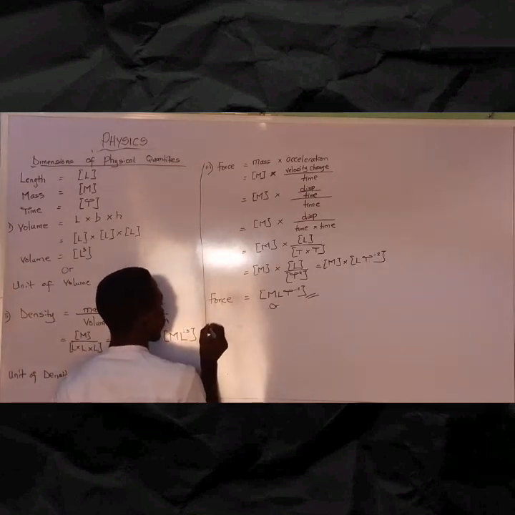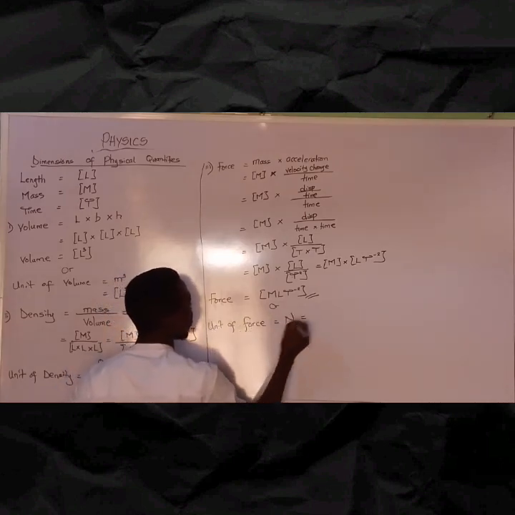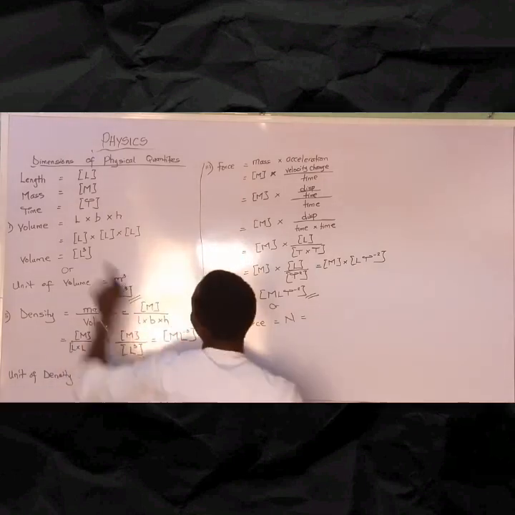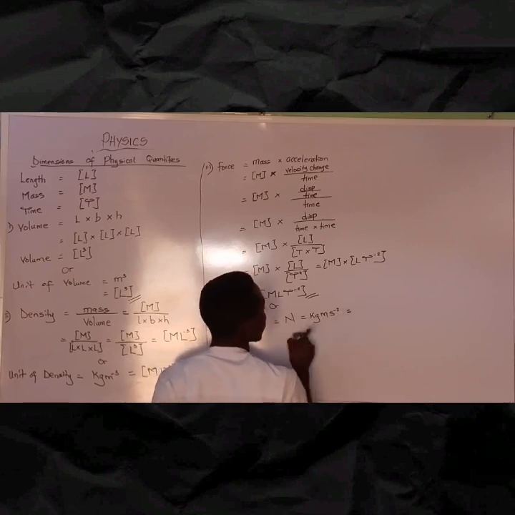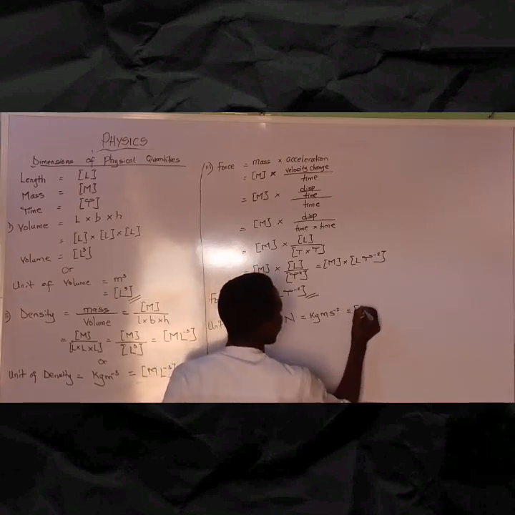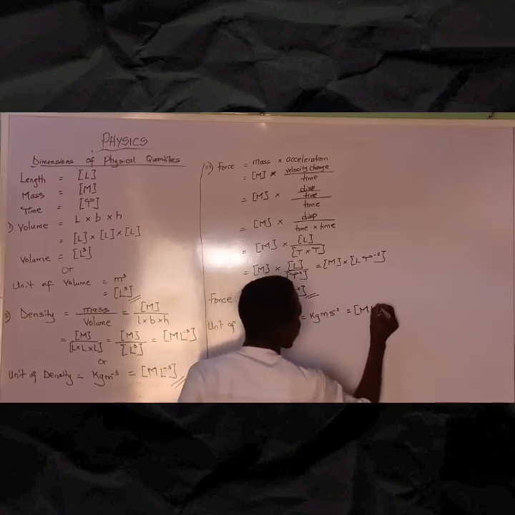So units of force. Yes, we all know that is Newton. Break Newton down. Newton is what? Kilogram meter per second squared. Kilogram is the unit of mass, meter is the unit of length, and seconds is the unit of time raised to the power minus 2.